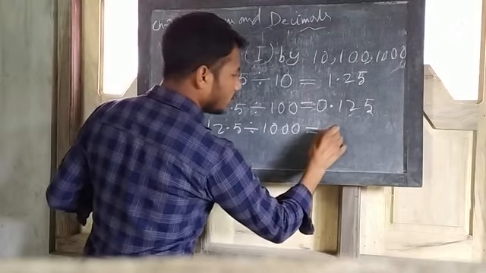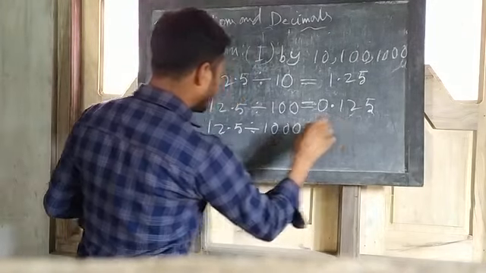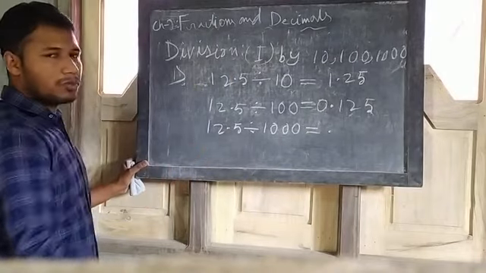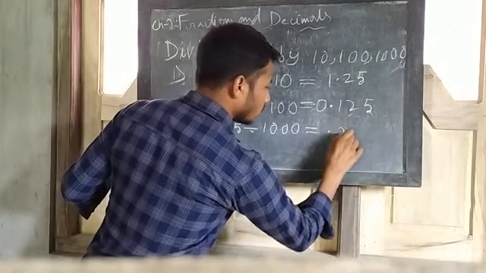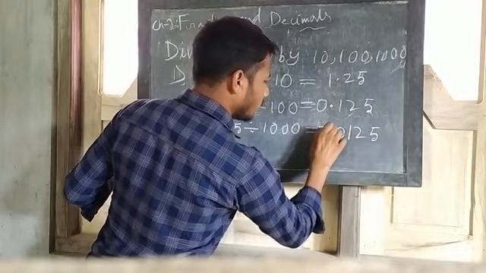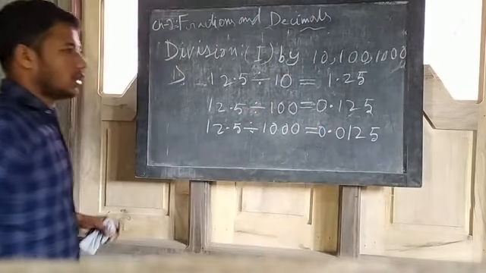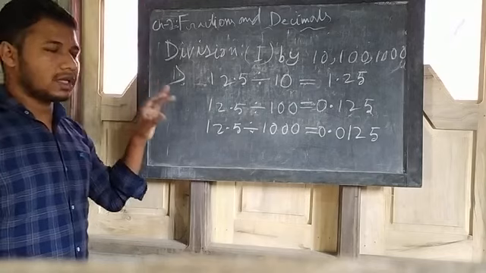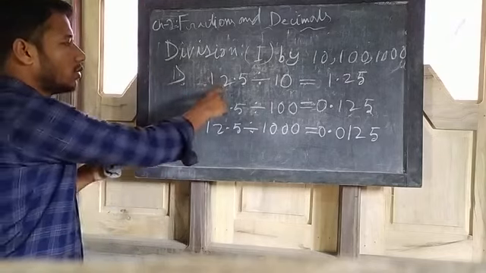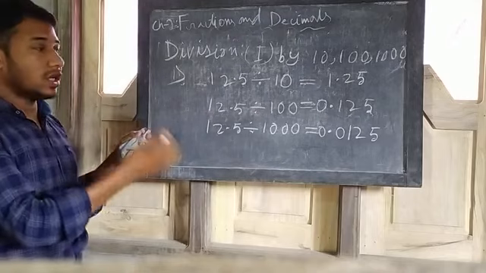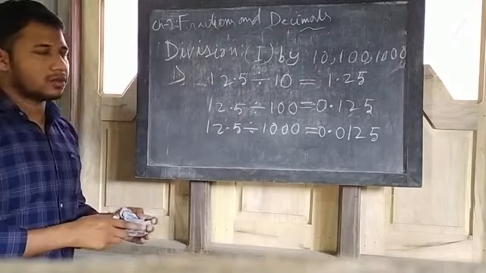But before the point here there are just 2 digits, so we have to put another extra 0. 1, 2, 5, and we can put a 0 like this. So in division by 10, 100 and 1000, the decimal point will transfer to the left side, and how many places? The number of zeros over 1. Okay?